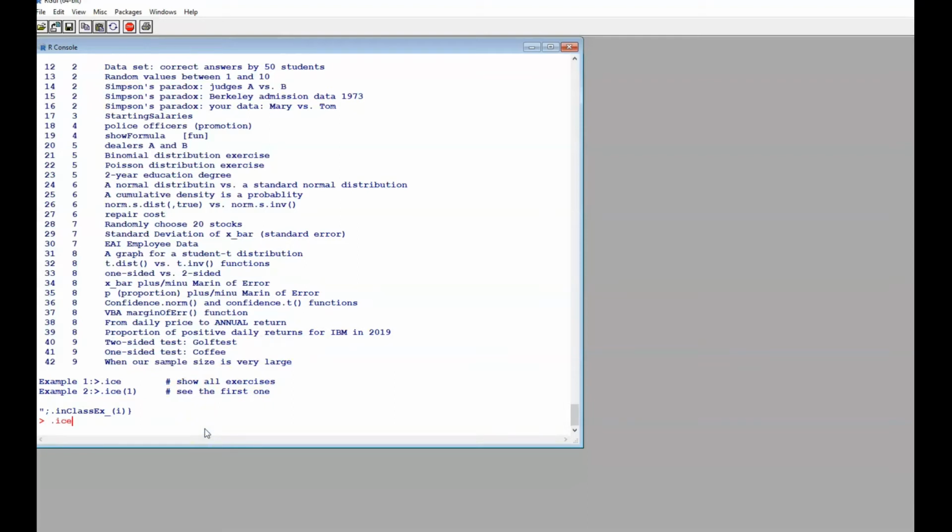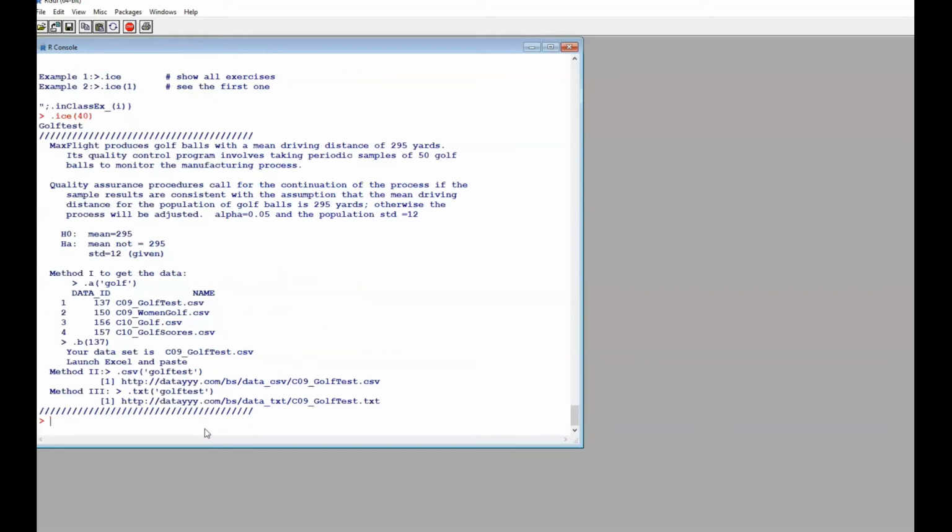Using the up arrow key, we get dot ICE, and we enter 40. These are explanations, and I'm going to copy this part. There are 3 ways to get the data. I'm going to use the first one, dot A, and I'll search golf. This is chapter 9.